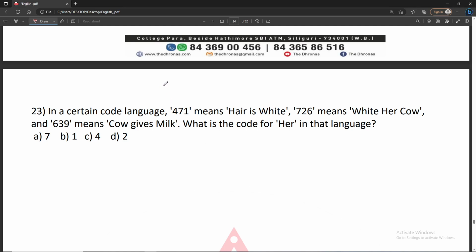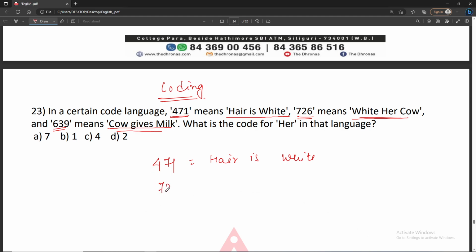Next question is for coding. Okay, here in coding, numbers are given to describe a sentence. So what is given? 471 means here is white.